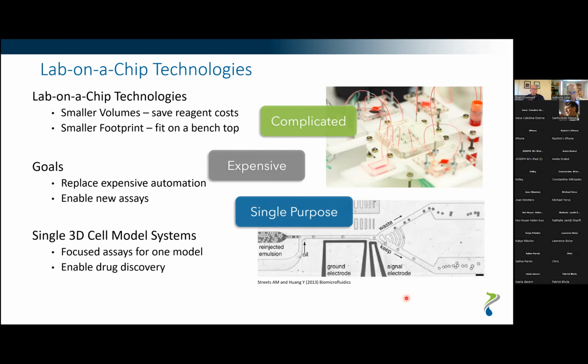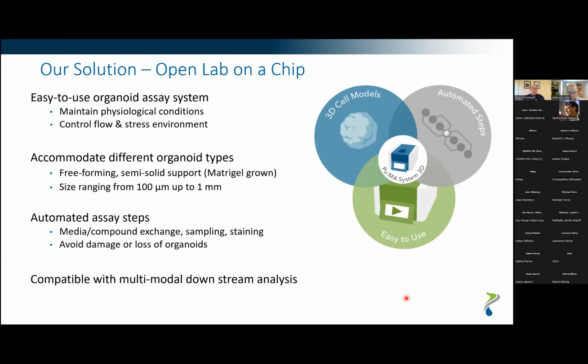You can do a lot of amazing things with them, but what we want to do is overcome some of these barriers and create an easy-to-use organoid system that can work with a variety of different cell types and organ types, automates the critical steps in the assay flow, and is compatible with the other instruments in your lab: your imaging systems, your plate readers, your liquid handling systems.